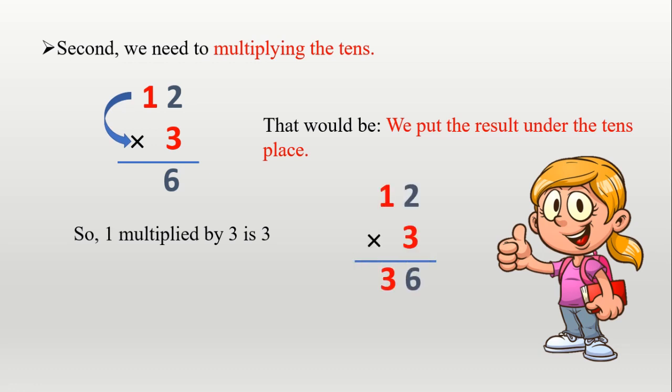We put the result under the tens place value. So when we multiply 12 by 3, we get 36.